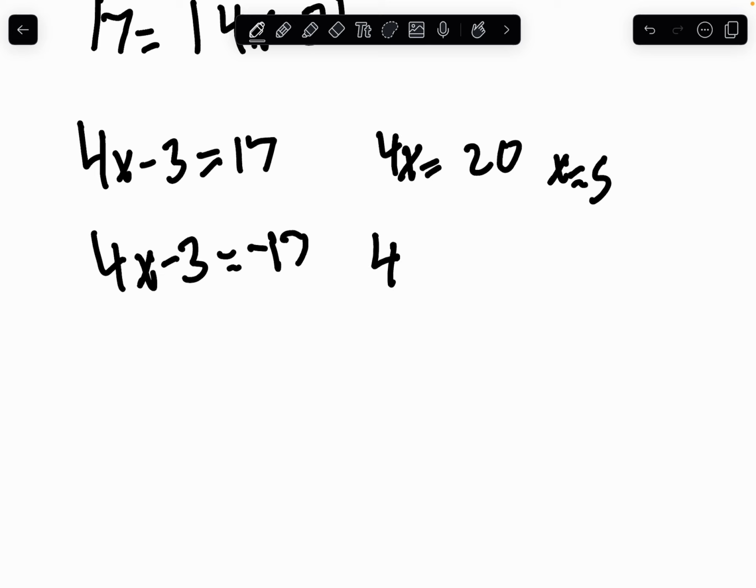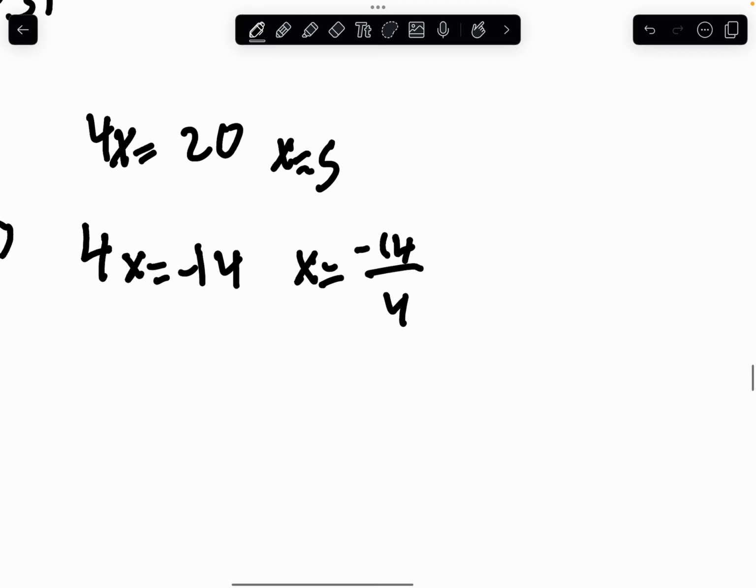So you got 4x equals negative 14. We got x equals negative 14 over 4, which is equal to negative 7 over 2.